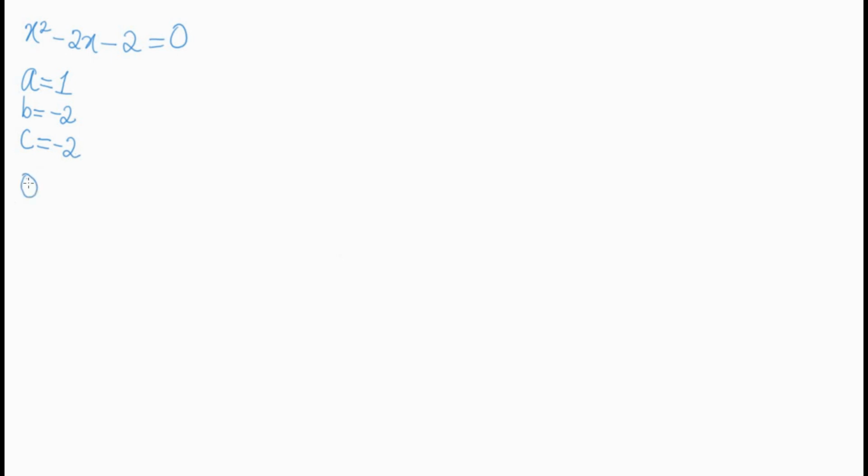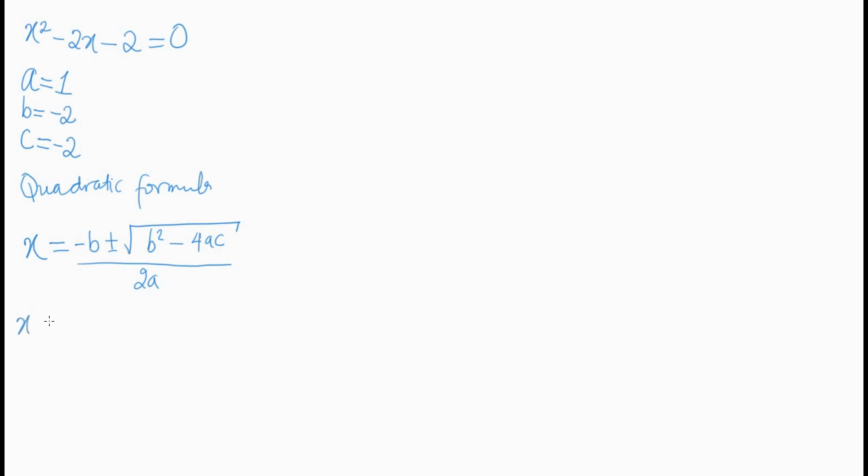So we do the same process, write the quadratic formula. And we have x, which is the unknown that we're solving for, equals -b plus or minus the square root of b squared minus 4ac, over 2a.